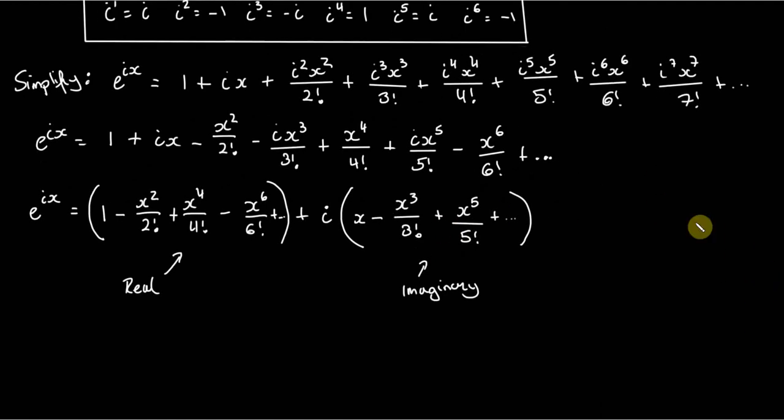They go on an infinite amount of terms. On the basis of that logic, we can say with great confidence that all the real terms, which we see right here, this expansion, which is plus dot dot dot, goes on infinitely many terms, converges with cos of x. And similarly, all the imaginary terms, which we see right here, converge with sine of x. And we've just gone over that. We've just looked, we've compared them.